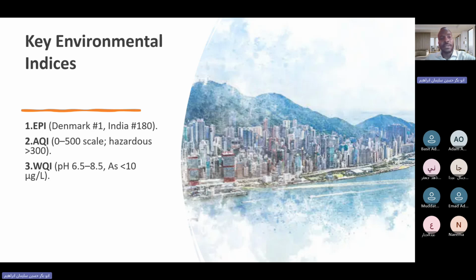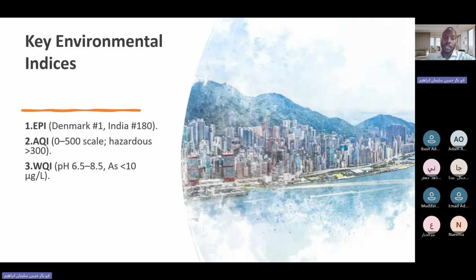In one year, when they looked at the EPI system, Denmark ranked first, and India was 180th. This is when they see all the indices, all the indicators here.